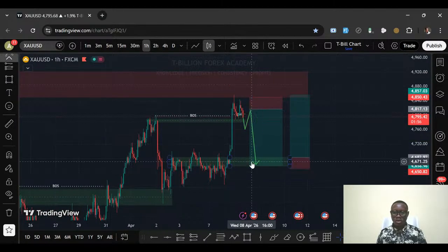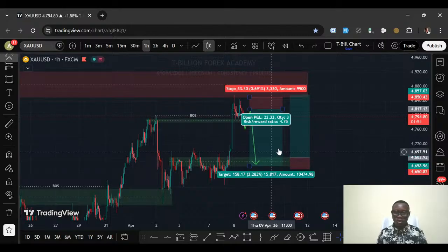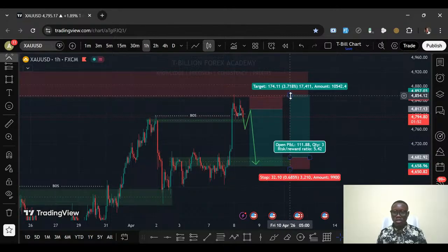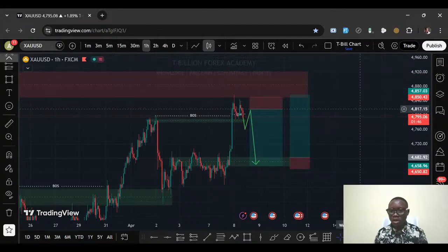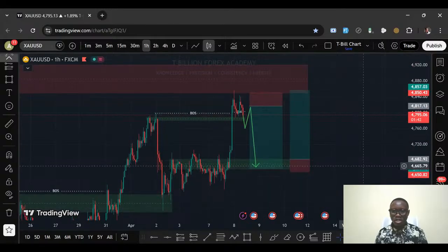So we're looking to sell down to this breaker block, then buy all the way to this zone, right? So that is my buyers. I'll drop the coordinates on the free signal Telegram channel.